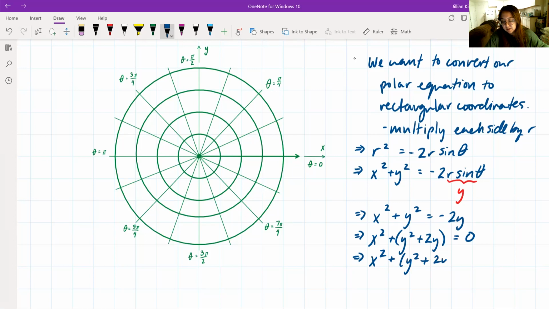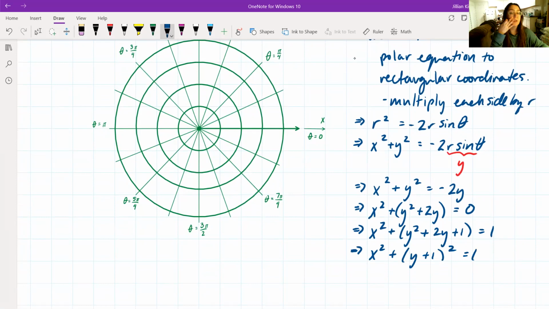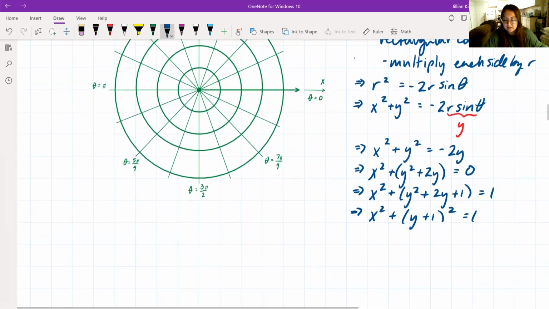So if we got y squared plus 2y plus 1, we add 1 to both sides, and now we see that y squared plus 2y plus 1 actually simplifies down to just being y plus 1 squared. So we get x squared plus y plus 1 squared is equal to 1. So this is our rectangular equation in standard form. But we want to put these in our rectangular coordinates.